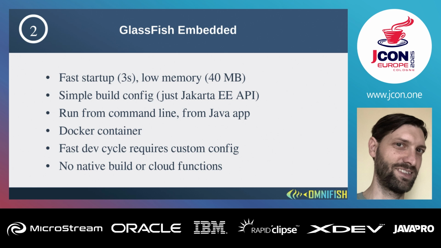And you can also run it in a Docker container, which is kind of interesting. It can be distributed separately as a jar file, but the GlassFish installation itself contains a jar file which you can execute in the same way. So there is one single Docker image for both.